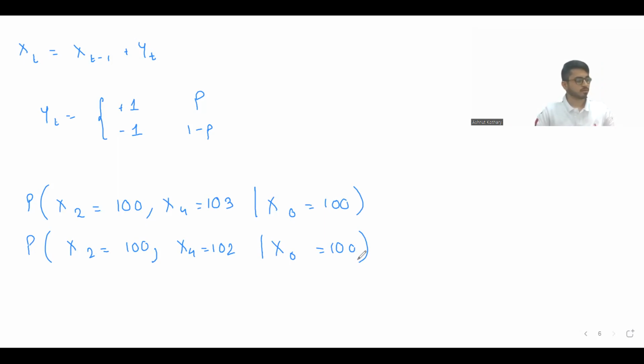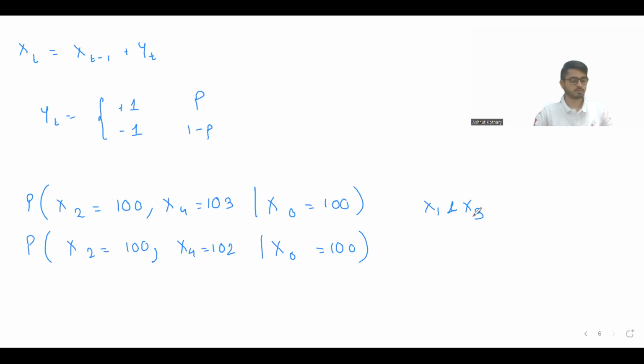Third one, write down the joint distribution of X1 and X3, given X0 is equal to 100.